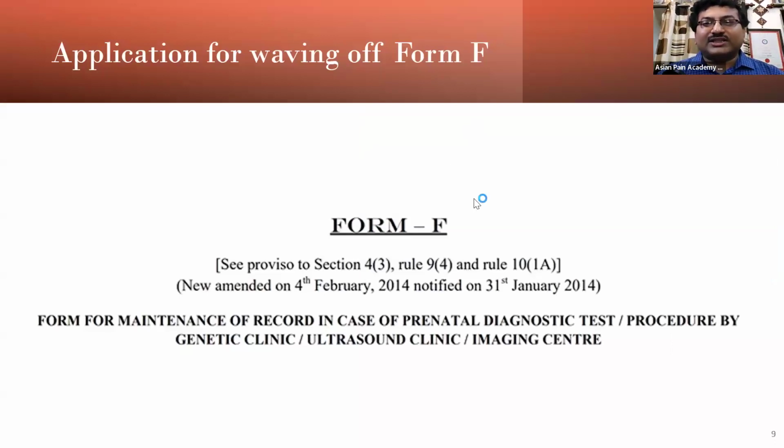And in India, there is one thing known as Form F that we do not need to provide every month, because we are not scanning pregnant patients. So we give a declaration at the beginning that we are not going to do any procedure on a pregnant patient. So ultimately, we don't have to submit the Form F. But again, this requirement varies from state to state.